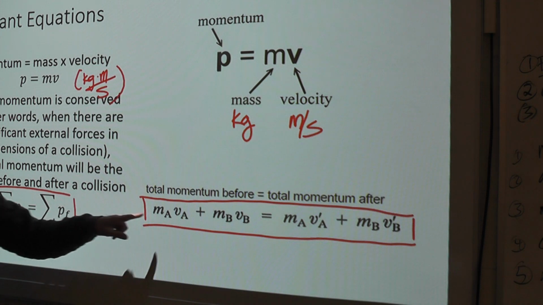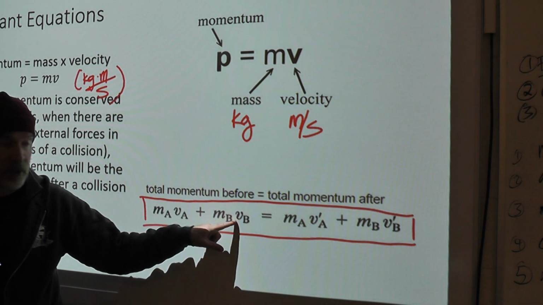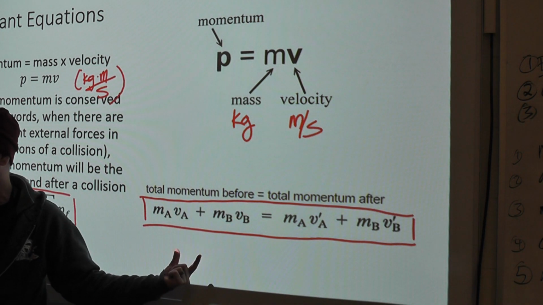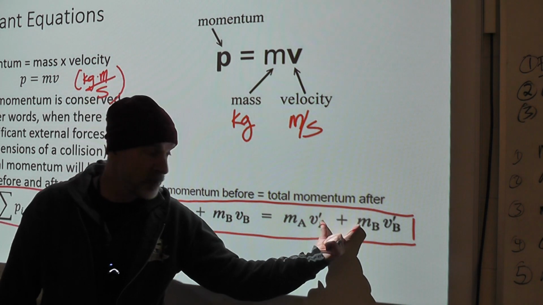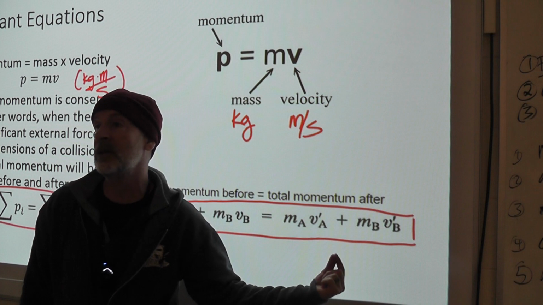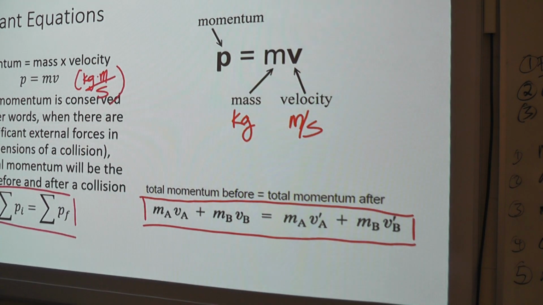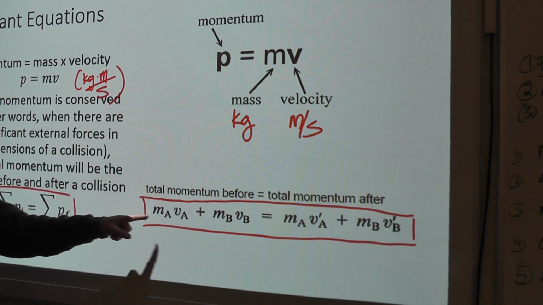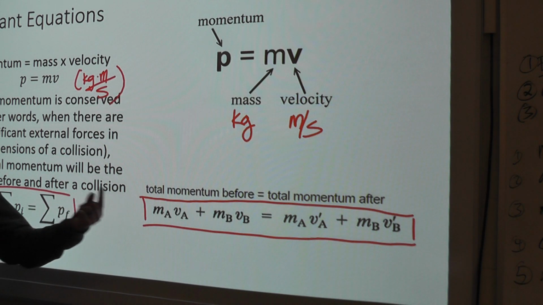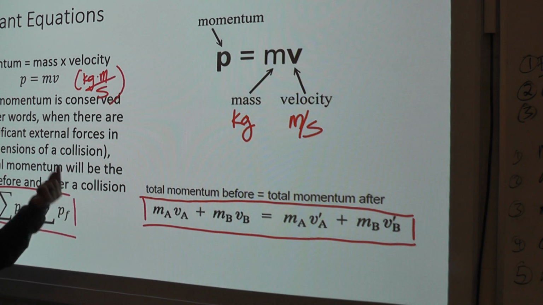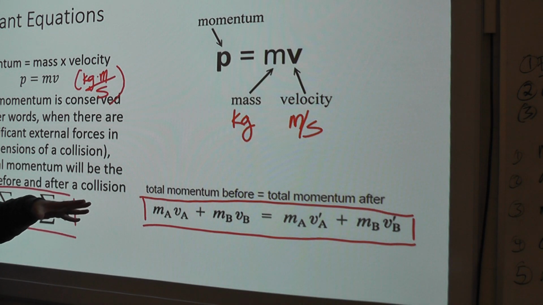So if we know the momentum of one object and another object, we add them together, the sum of those momenta will equal the sum of the momenta of those same two objects at a later time. And we can get tricky with this, because the masses of these objects don't necessarily have to stay the same. And the velocities could be two or even three-dimensional. We could add objects, we could have 3, 4, 5, 100 objects.